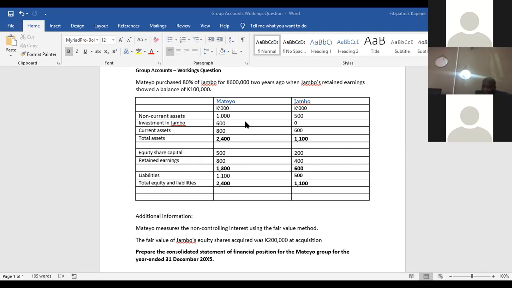Okay, let us come to your route. You say it's 800. Let's start from the first one. Fair value consideration, you have no issues, isn't it? Which is 600. Then NCI at acquisition, you go to the notes. Mateo measured the non-controlling interest using the fair value method. The fair value of Jumbo's equity shares acquired was 200,000 at acquisition.